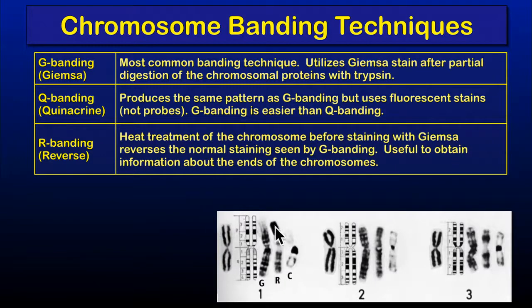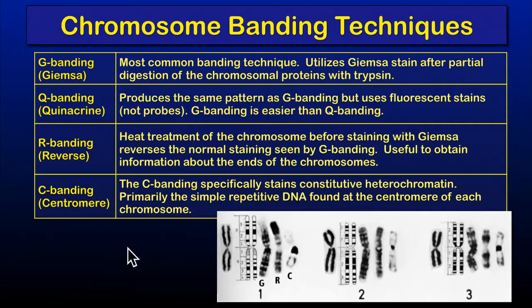You notice on this chromosome 1, if you look at the telomeric region, it is very, very light, and so it's hard to see. Whereas with R banding, it stains very heavily in that region. This is useful if you're looking for alterations to the very ends of the chromosomes, because the ends of the chromosomes tend to be light, and so they tend to be difficult to see exactly where the chromosome ends with G banding. With R banding, it's much easier to detect that.